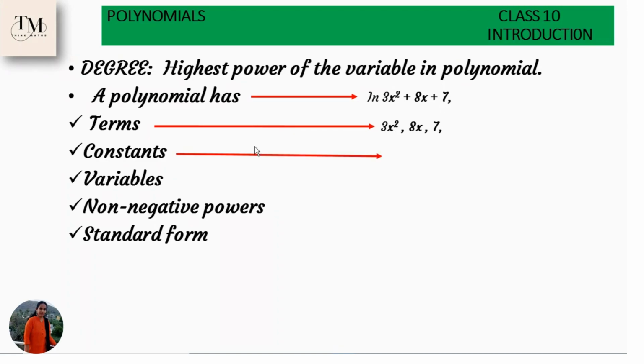The constants are 3, 8, 7. The variables are x square, x. Non-negative powers, that is power. Here x square, so the power is 2 and 1. The power should not be negative, that is non-negative. 0, 1, 2, 3 should be followed. So they are in standard form. If these things are followed, then the polynomial is in standard form.